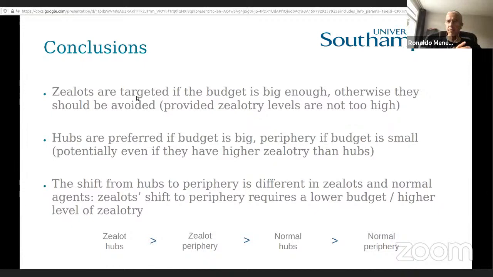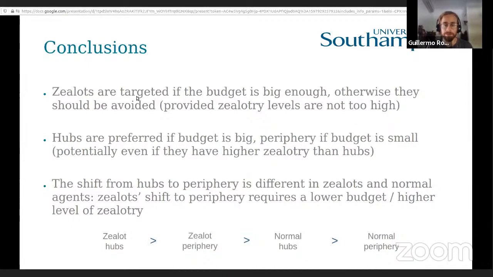Now that you clarified that, do you see the same sort of transitions if you vary the number of zealots in the network? Does it matter, for instance, if rather than 20% being zealots, you have half of them? We don't have experiments with other fractions of zealots.